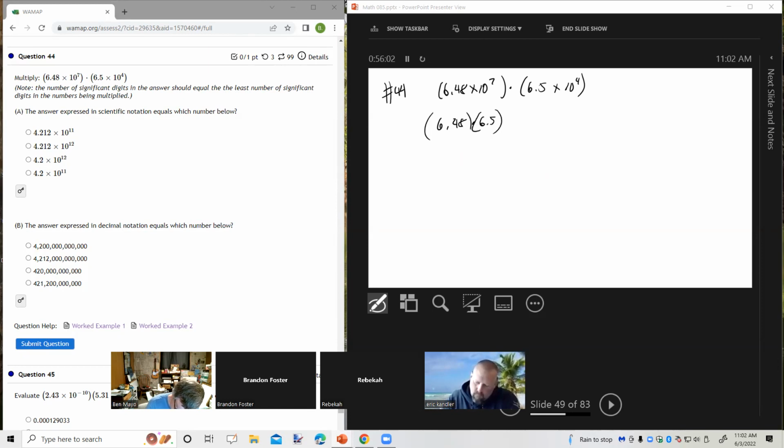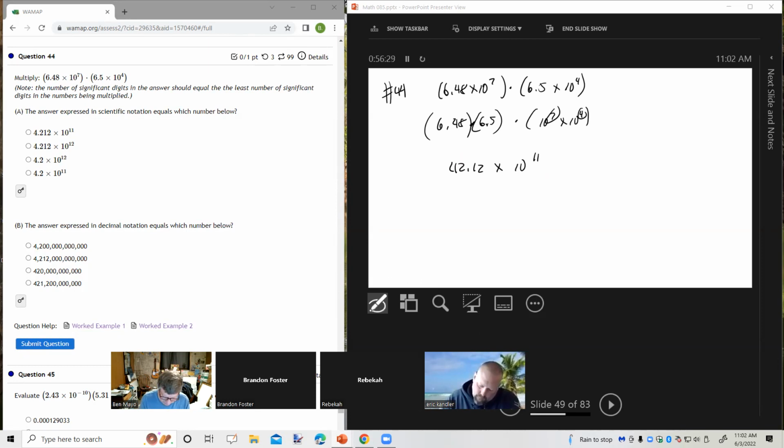Let's do this because otherwise we might confuse a decimal point with the multiplication sign, times 10 to the 7th times 10 to the 4th. So 6.48 times 6.5 is 42.12, and that's times 10 to the 11th power.